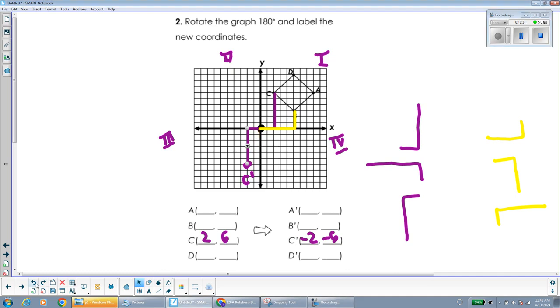Oops, my bad. 1, 2, 3, 4, 5, and then 1, 2, 3. And that is our rotated point, B prime. So the original point was 5, 3. And now our rotated point is -5, -3.